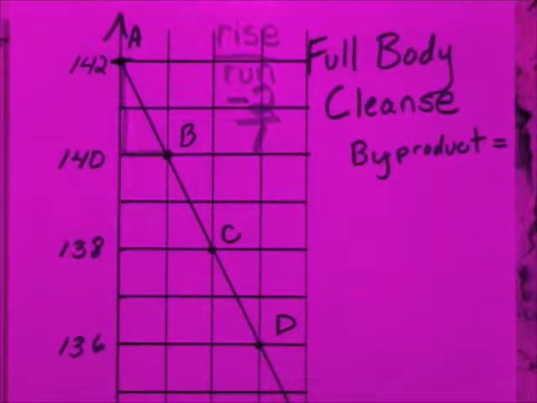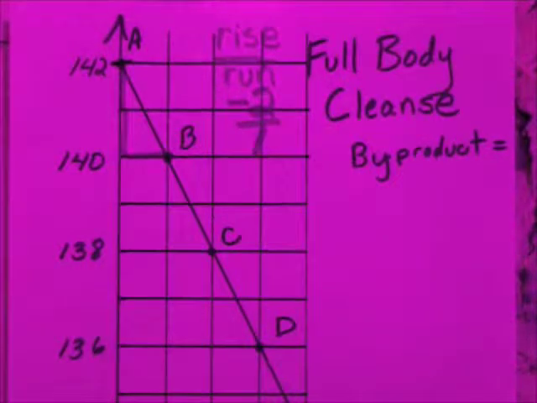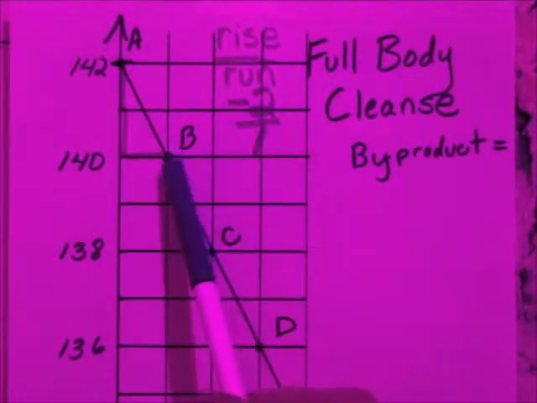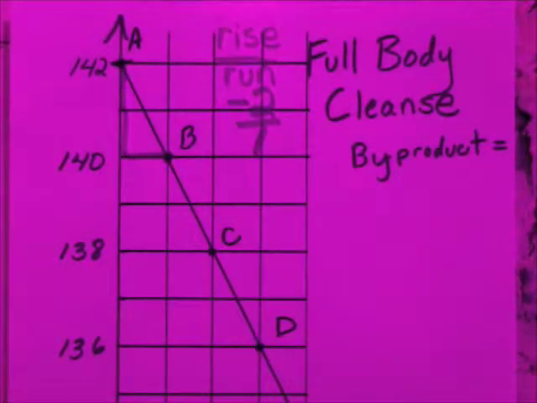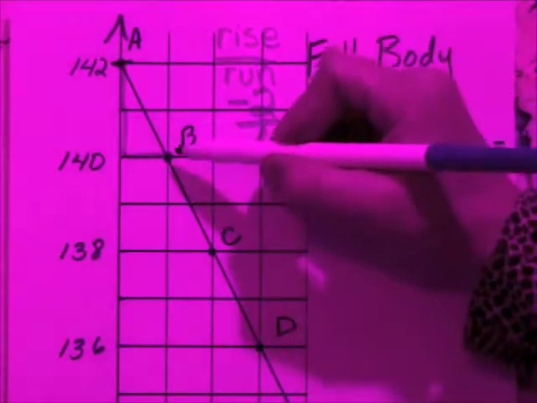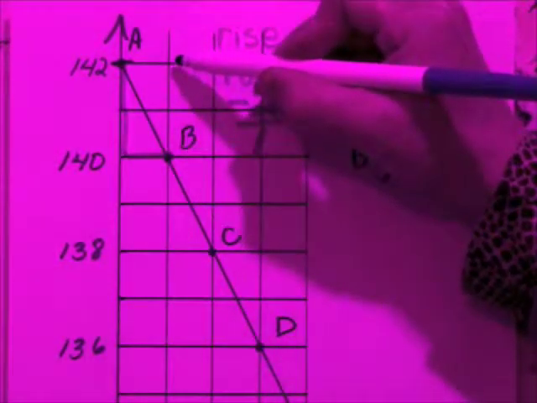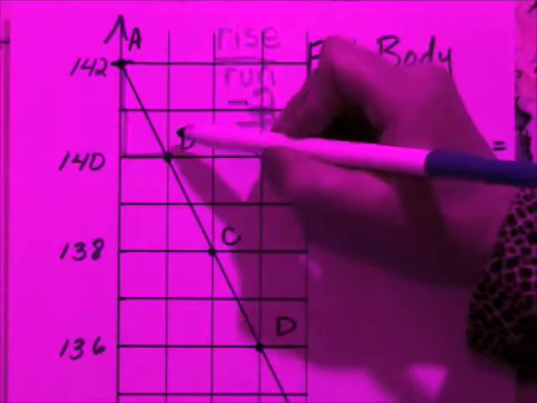Now there's another way to look at this same segment as well. We could start at B and go towards A. It's still going to be the same segment and we should still get the same slope. But it's possible to look at it as a rise up and a run in the negative direction.